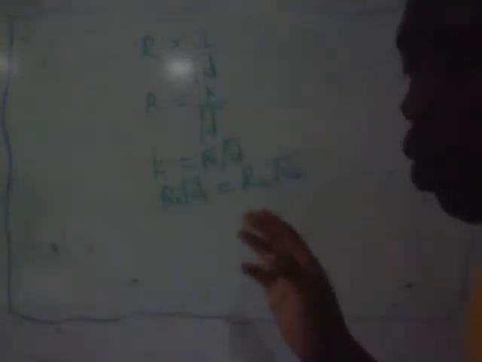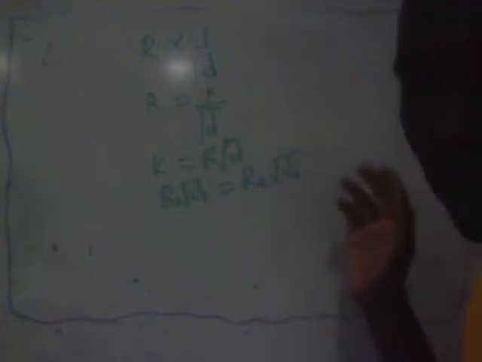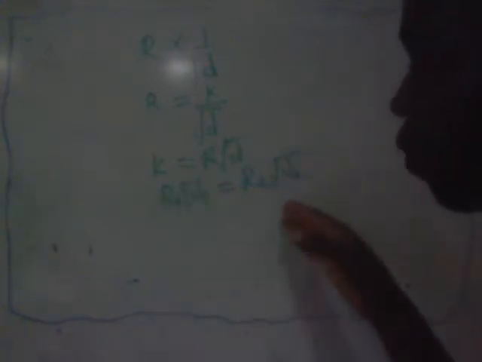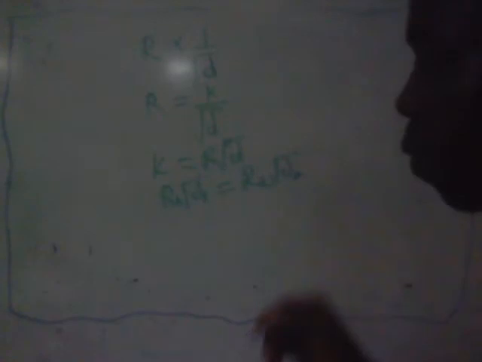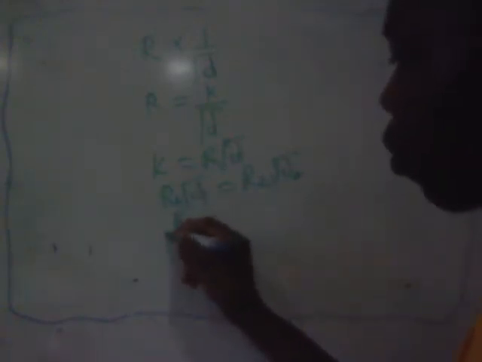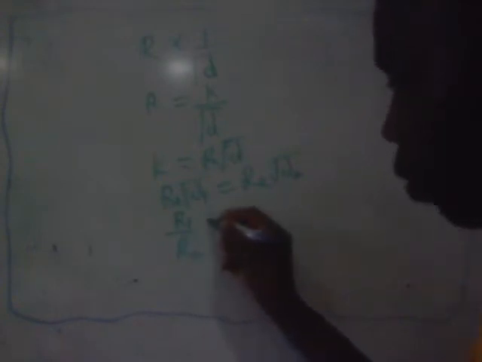So let's put all R's on the left hand side and all square roots of d on the right hand side. How do you do that? Divide both sides by R2. You have R1 over R2 on the left hand side.